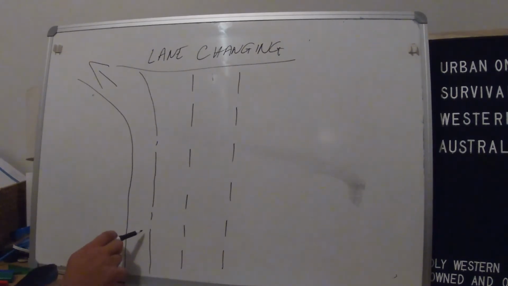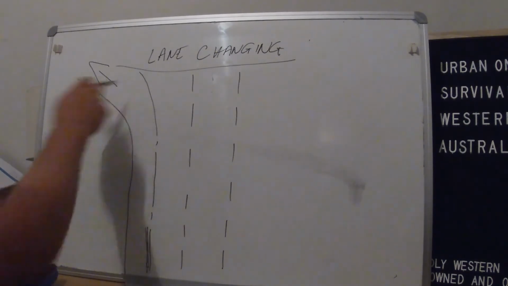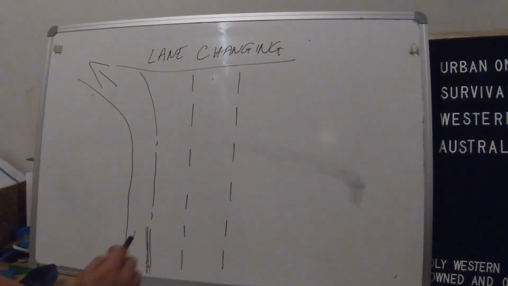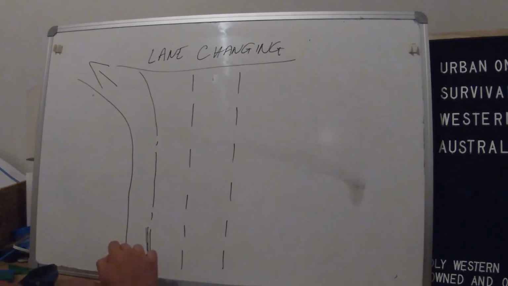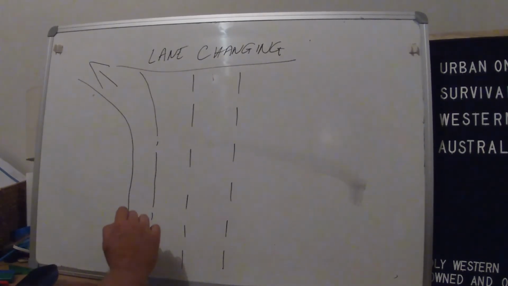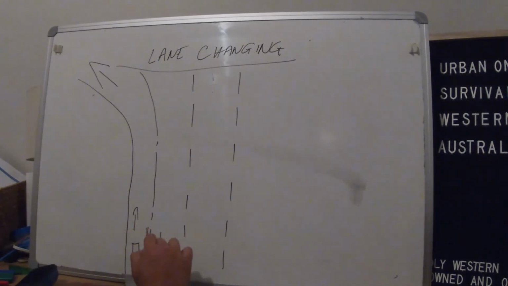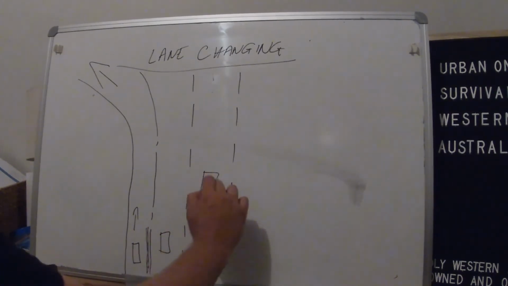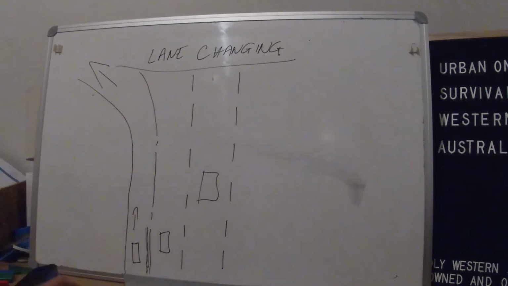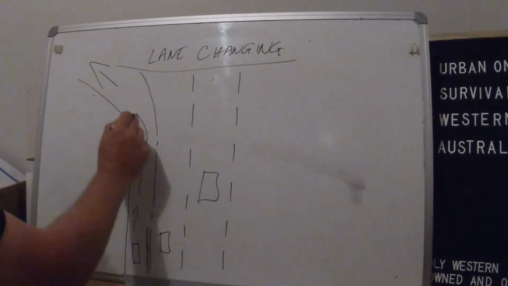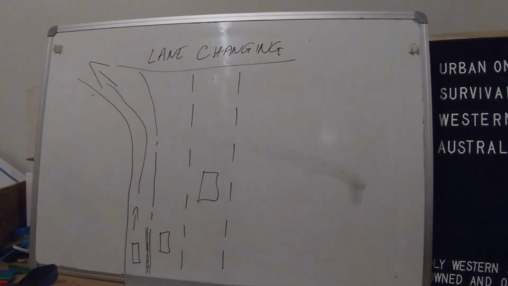Prior to this line being unbroken, the line should look like this. If a vehicle gets to this point and they're traveling happily along, if they get to this point where the line is unbroken, they have to stay in that lane.